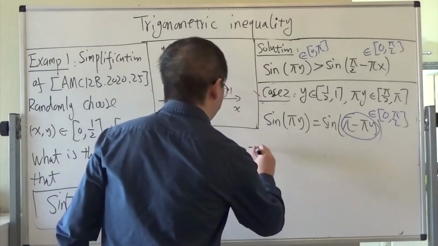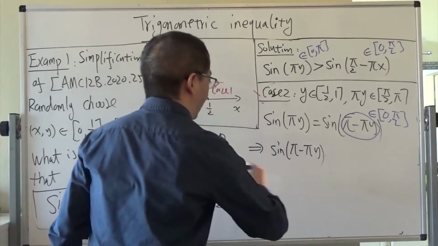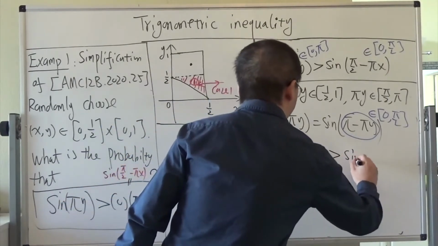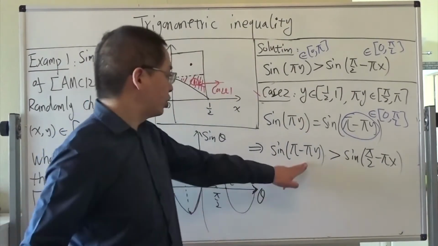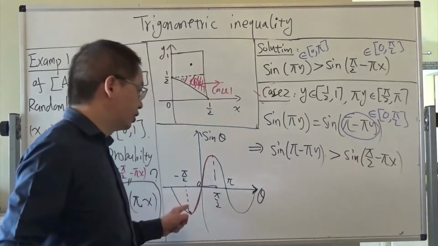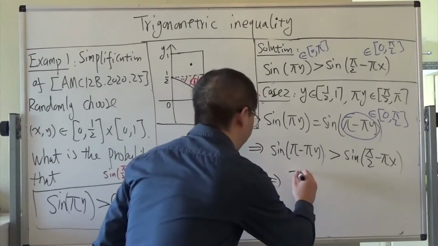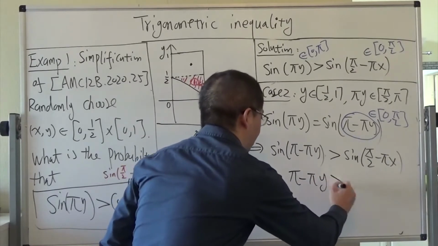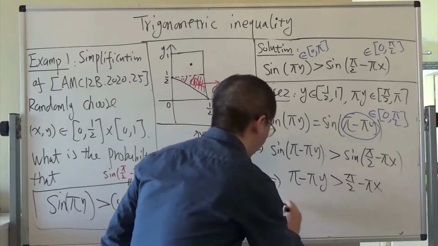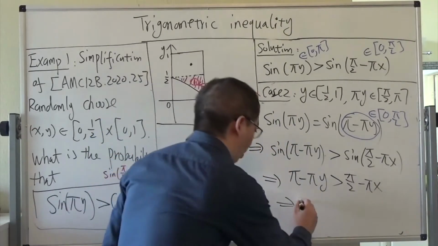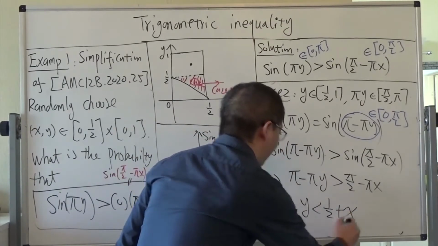So from here I get sine of pi minus pi y is greater than sine of pi over 2 minus pi x. Now both are within the range 0 to pi over 2, so we have pi minus pi y is greater than pi over 2 minus pi x, which is equivalent to saying y is less than 1/2 plus x.